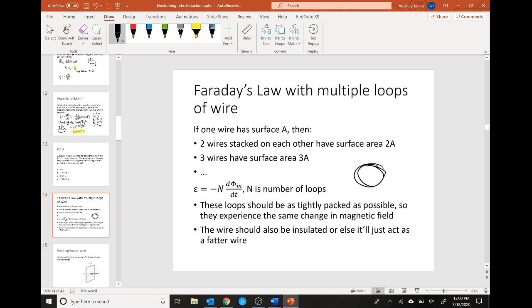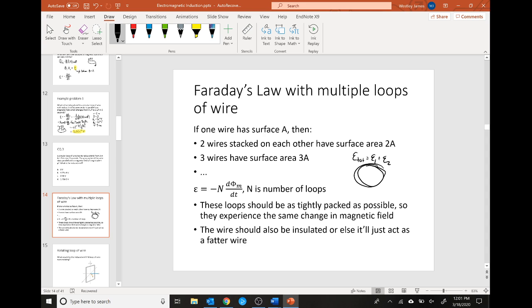Well, now I have 2 loops, and I've basically doubled the amount of voltage, because you could treat these as 2 separate problems, a loop and then the exact same loop, and so each one would get the same change in flux, generate the same voltage, and so it would be voltage 1 plus voltage 2. So EMF total equals E1 plus E2. They would just add up.